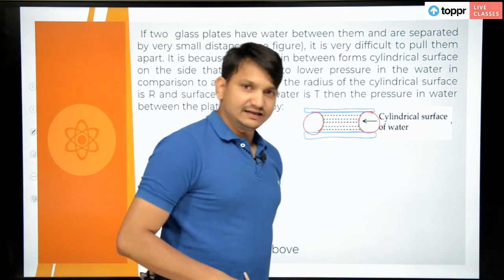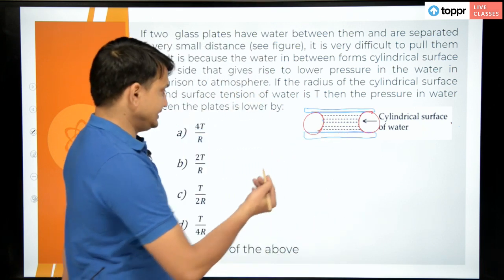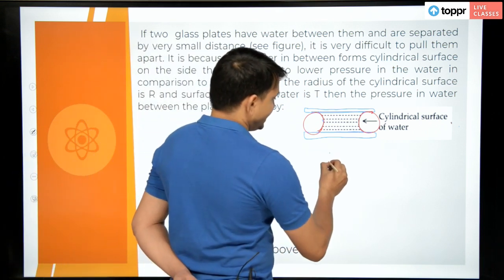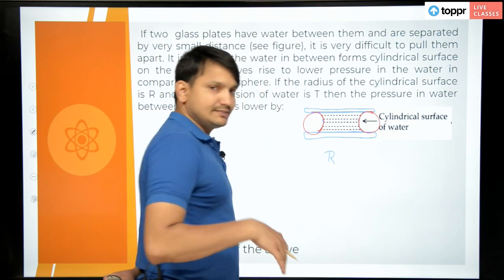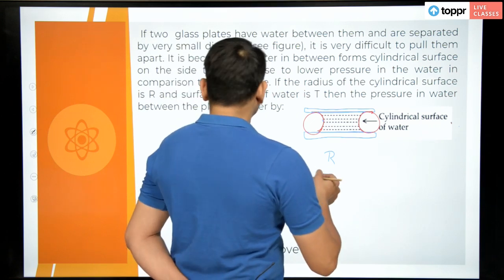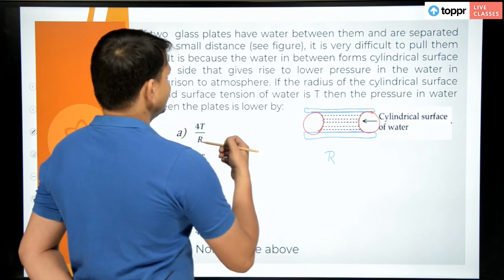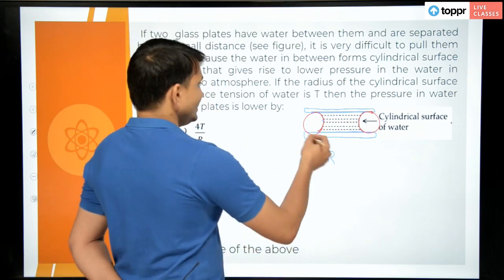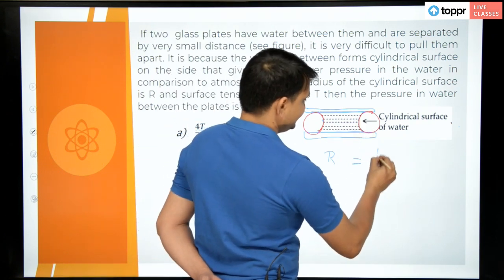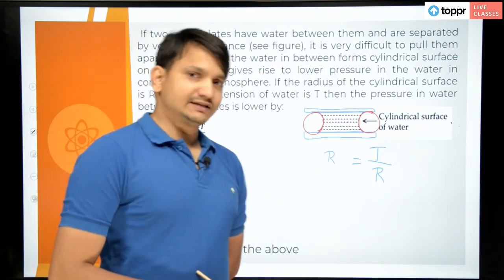And this is a very theoretical part. Whenever there is a bubble or a liquid drop, and it is attaining a radius r to minimize the surface area, the excess pressure inside this liquid would be T by R. This is very theoretical and its derivation would take time, so I am skipping this part.